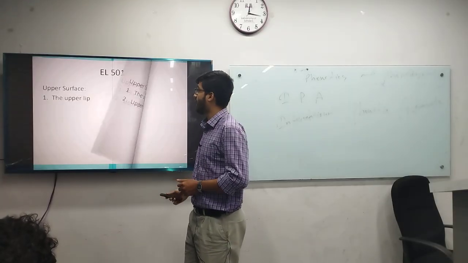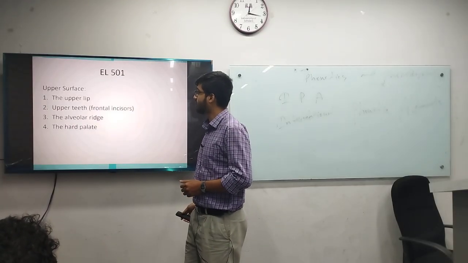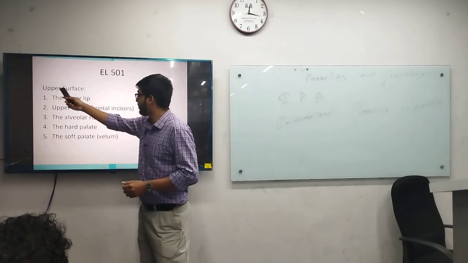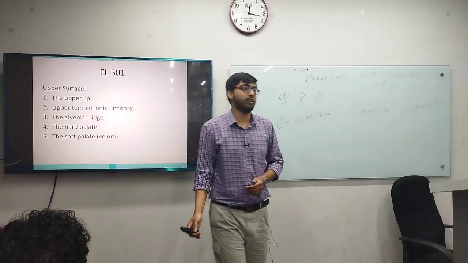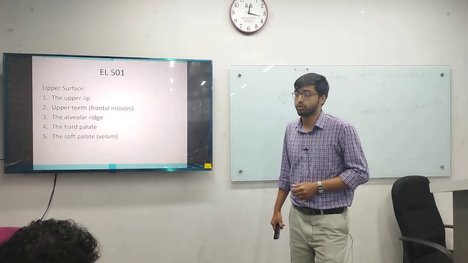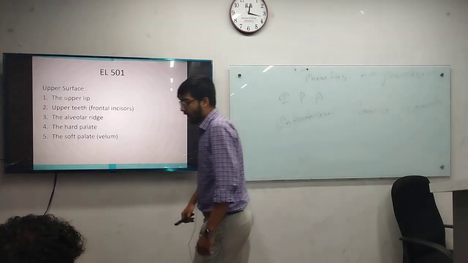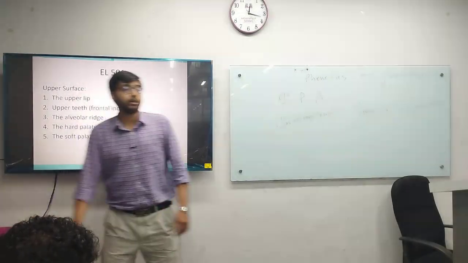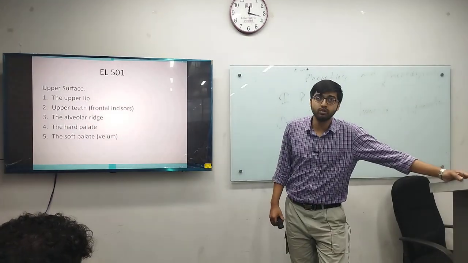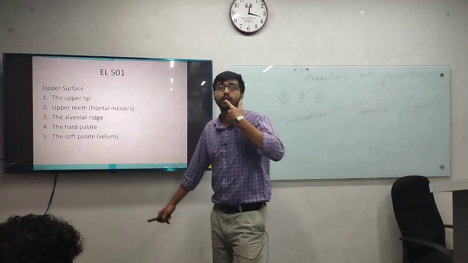So the surfaces. The names of the surfaces are very important. The upper surface has 5 parts. Write it down, it's very important for your midterm also. What are the articulators? What are the surfaces from where we can produce some sounds? Number 1, upper lip.